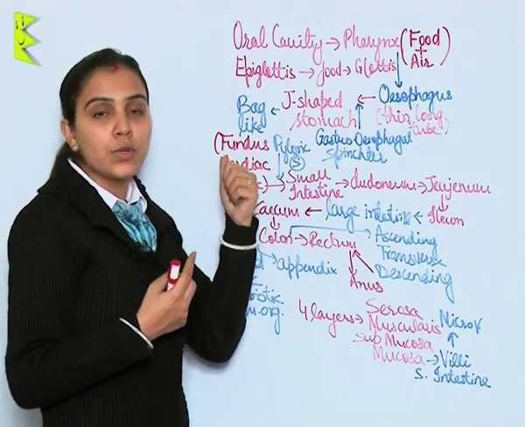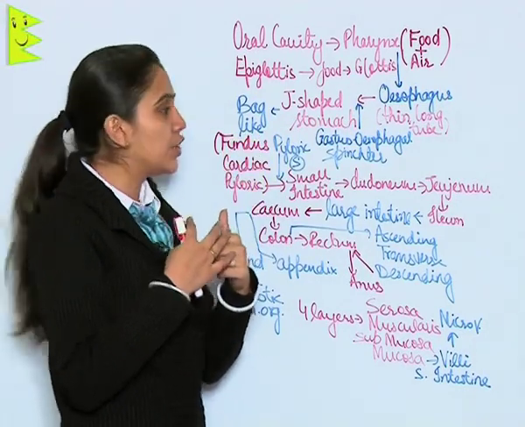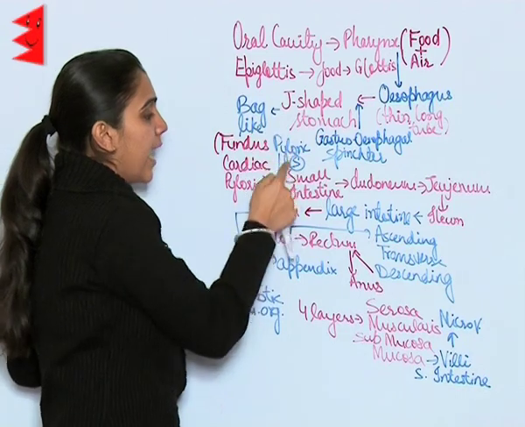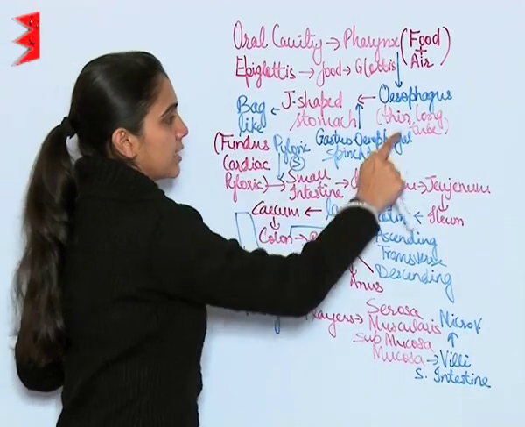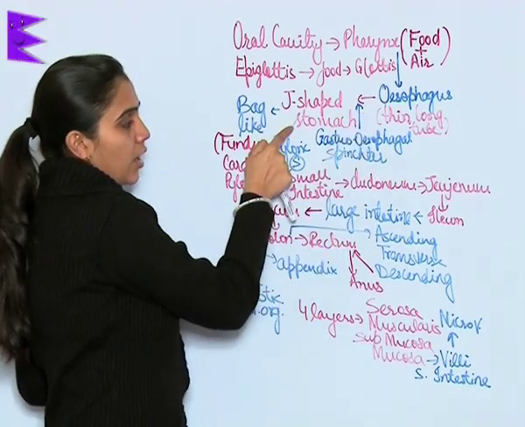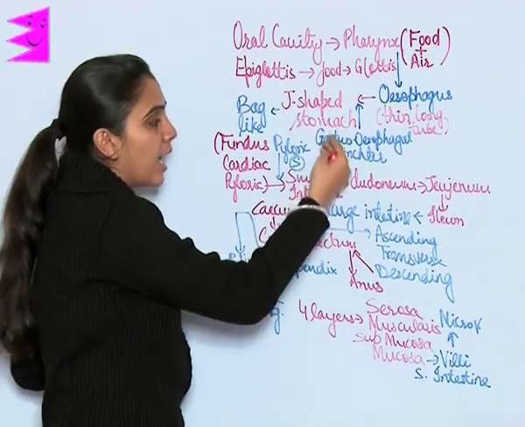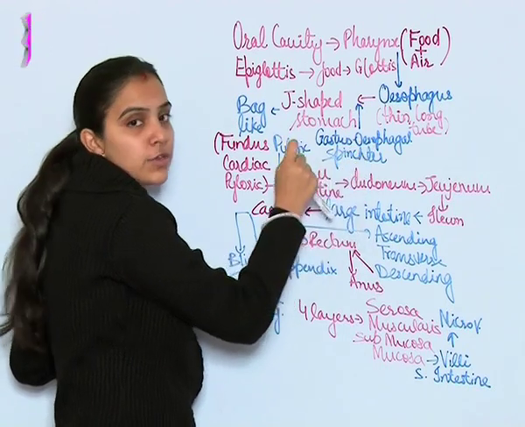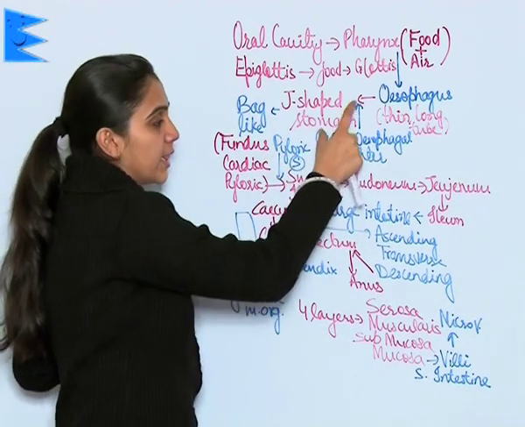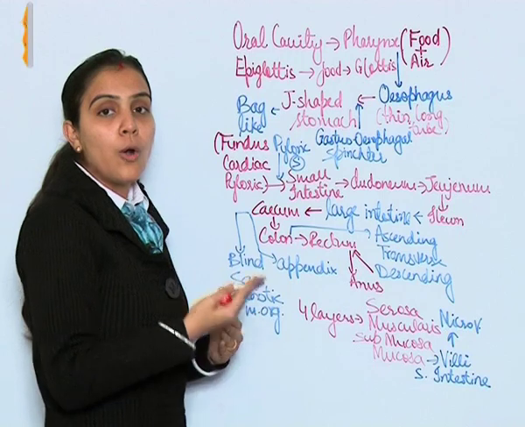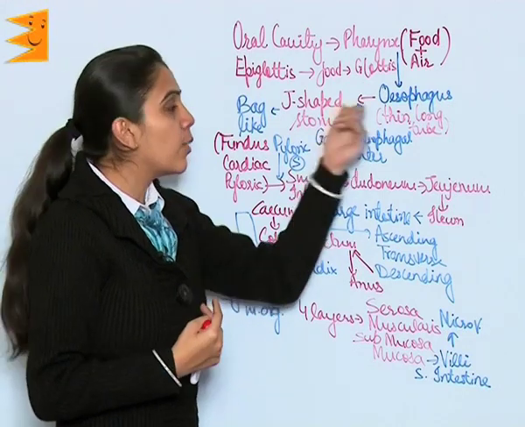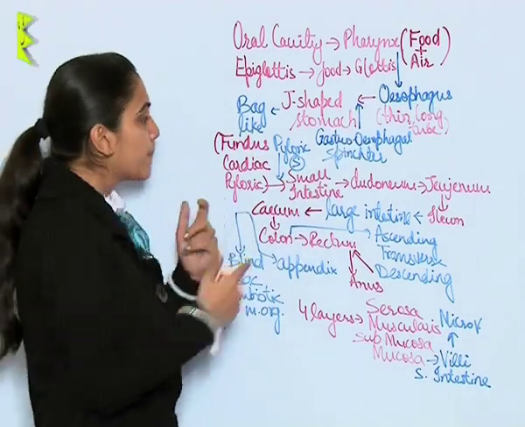The esophagus opens into this fundus region, and the entry of food from the esophagus into the stomach is guarded by the gastroesophageal sphincter. That is, this sphincter opens or closes to guard the entry of food.